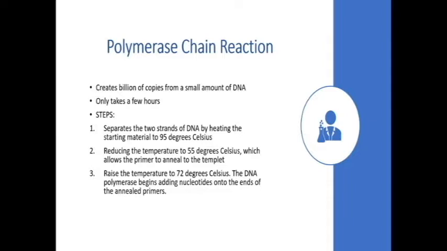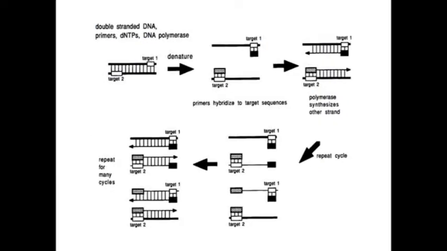The second step is reducing the temperature to 55 degrees, which allows the primer to anneal to the template. Step 3 is raising the temperature to 72 degrees. The DNA polymerase begins adding nucleotides onto the ends. It only takes about 5 minutes to do 1 cycle, and you only need to do 25 to 30 cycles to reach enough DNA to be analyzed.